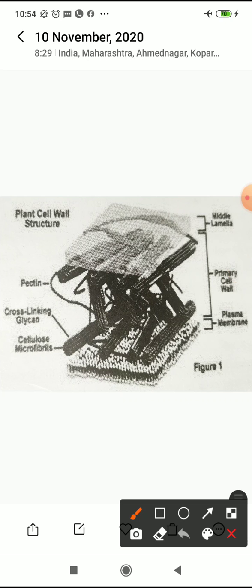Now few things related with the primary cell wall. So the wall which is laid down just after division of cell is called as a primary cell wall. So primary cell wall includes main chemical component like cellulose in the form of microfibrils, complex carbohydrate made up of several thousand glucose molecules linked end to end.